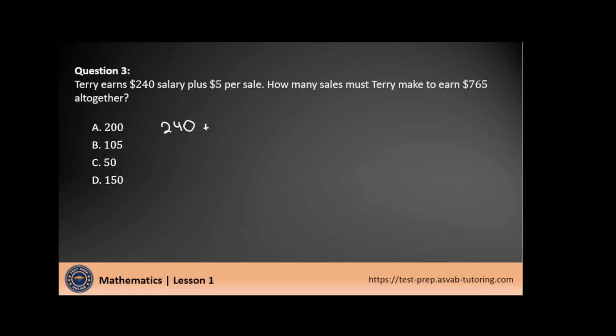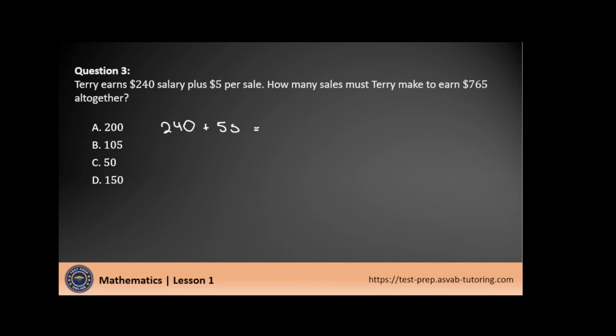Then we're getting an additional $5 for every sale. So we'll write that as 5S, right? If we have 0 sales, that turns into 0. We only made $240. If we have 10 sales, that's 5 times 10 is 50, plus $240 is $290. So you can see that for every sale, we're going to make an additional $5.